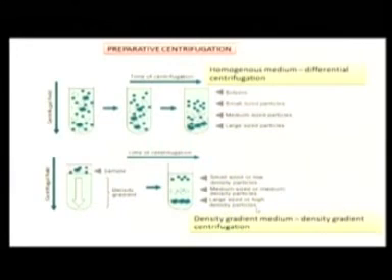But as you see in the bottom one, the density gradient centrifugation method, the medium which we are using has a density gradient, and that's why the substances get separated into individual components. You can see the distinguished clear cut zones there: smaller, medium and higher.